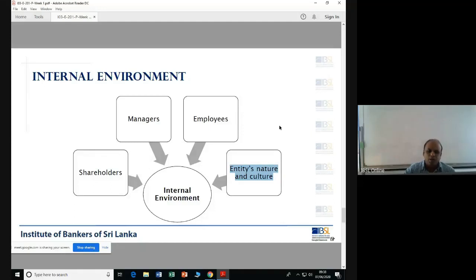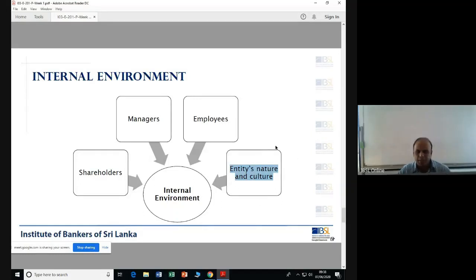This is one of the important aspects in today's context for every business organization. Every organization has its own culture, which they have been building up over the years and which they intend to build up in the future also. So your internal environment is also made up of the entity's nature and its culture.